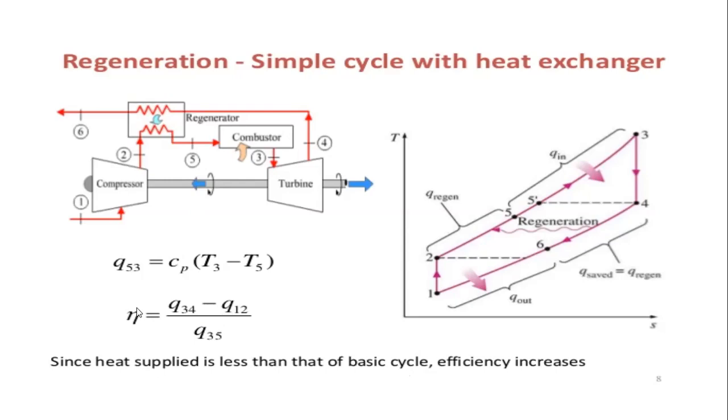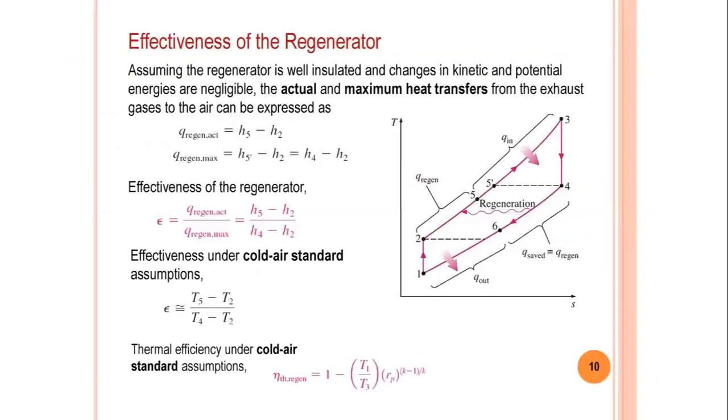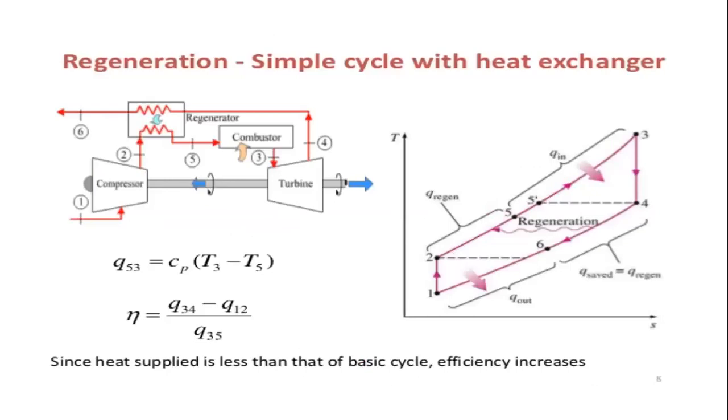So that is the advantage, the basic concept of regeneration. We need to be very clear on this. Now, another important concept in the regenerator is that the exchange shown here is not the ideal exchange. The ideal expectation was that instead of state 5, the state should have been 5 dash.